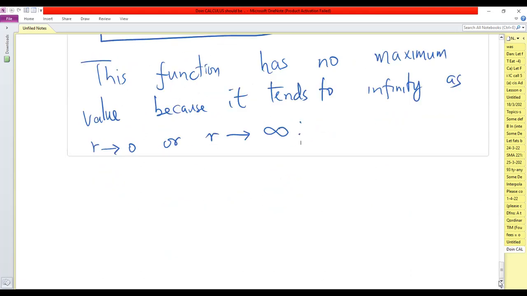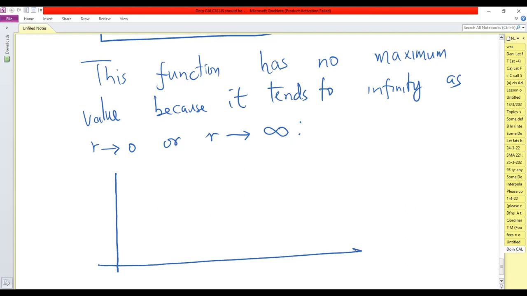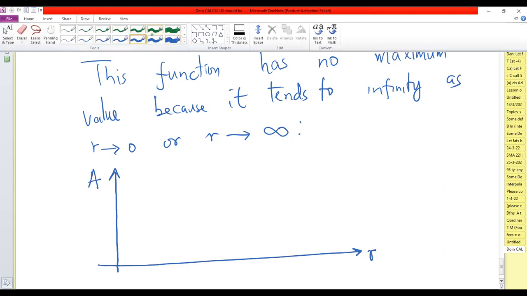This can be seen if we draw the graph of surface area against radius; we'll get a graph of this form.